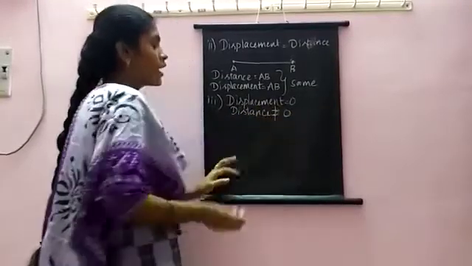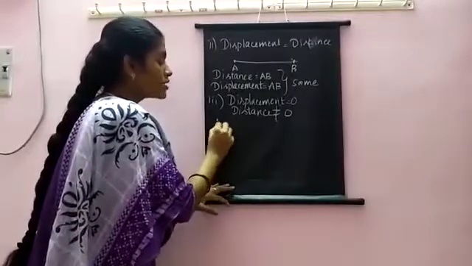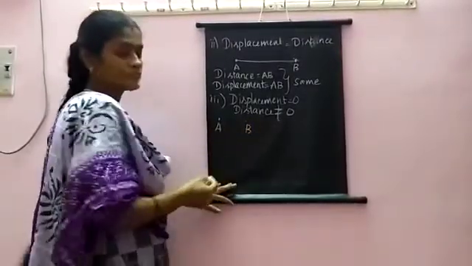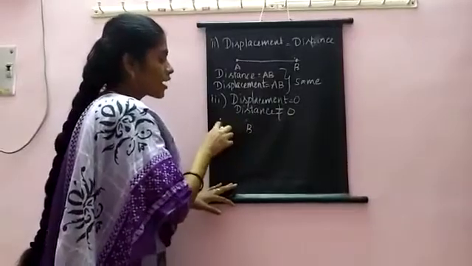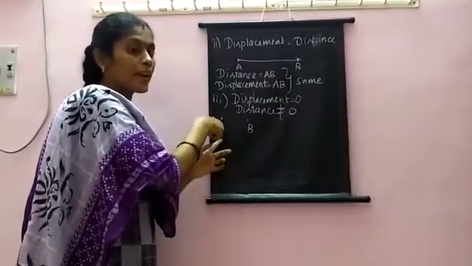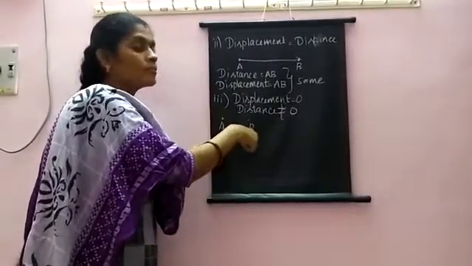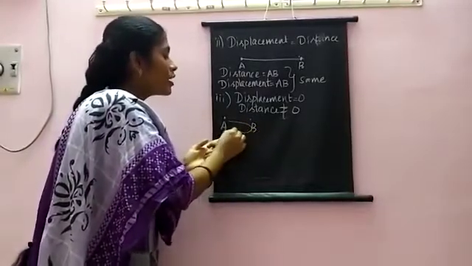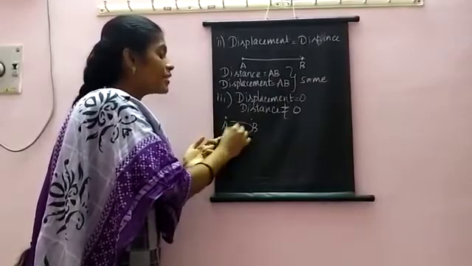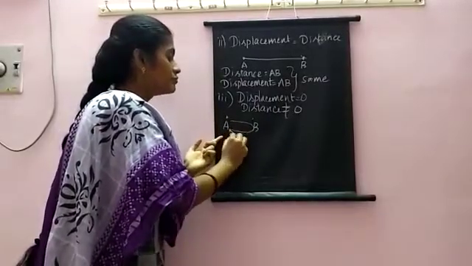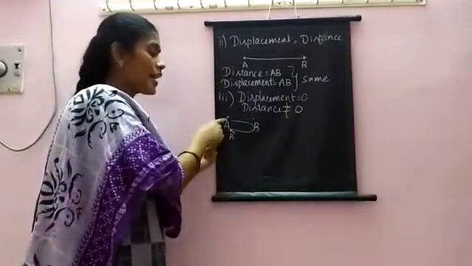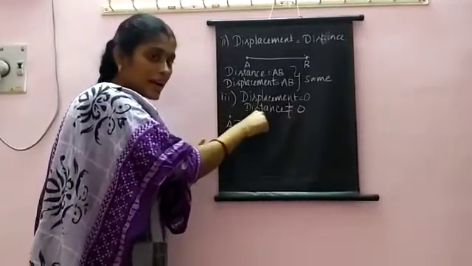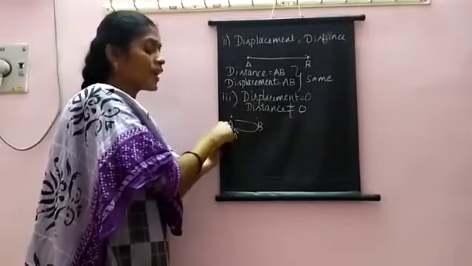A person starts from point A, then reaches point B, and finally reaches point A again.